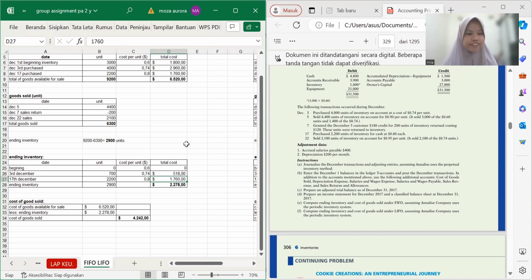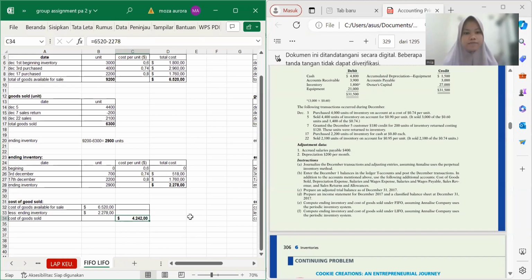So the ending inventory is 2,900 units and $2,278. So the cost of goods sold is the cost of goods available for sale, 6,520, less ending inventory, 2,278. So we get the cost of goods sold is $4,242.